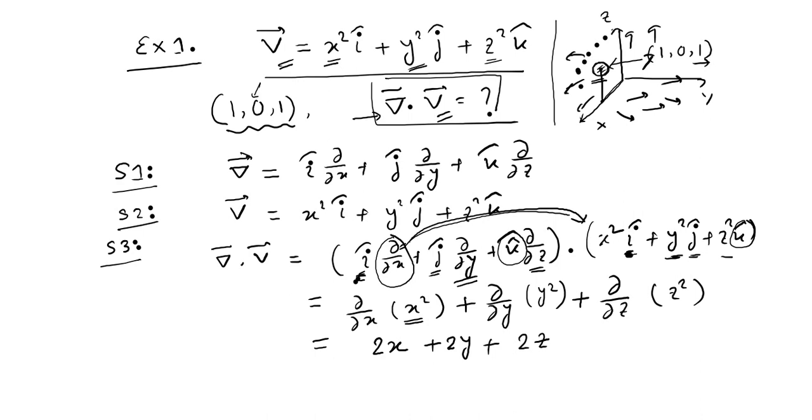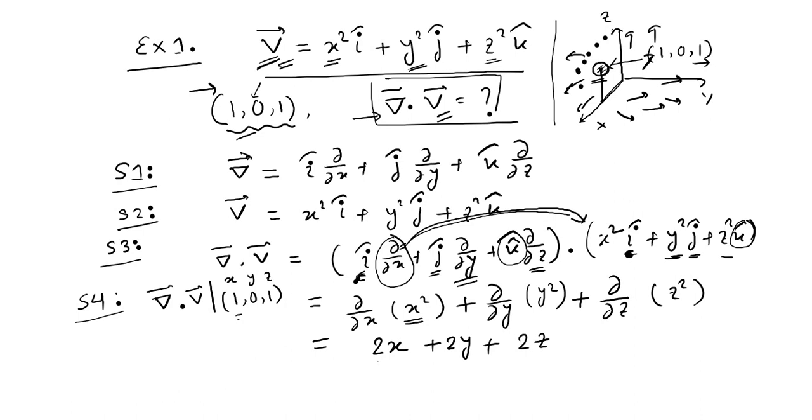So this is step 3, but it is asked what the divergence will be, is there any divergence at that point? So this is the crucial step, step 4 (S4), where you have to find the divergence of V at the point (1, 0, 1), which means x is equal to 1, y is equal to 0 and z is equal to 1.